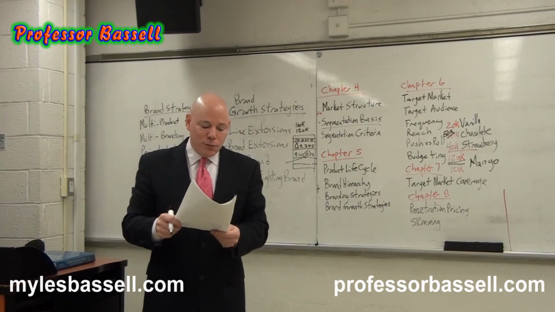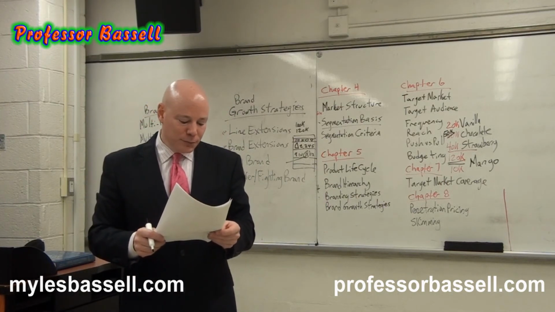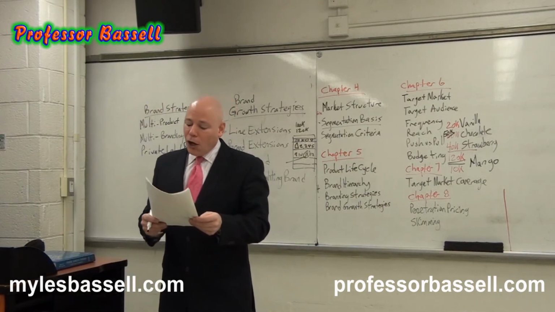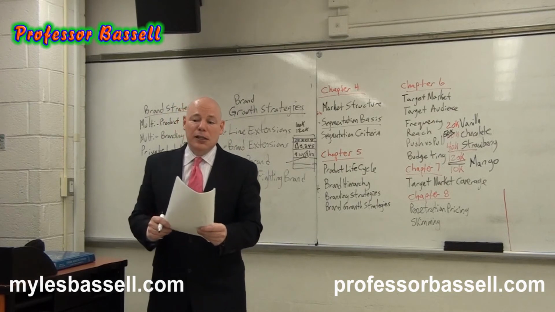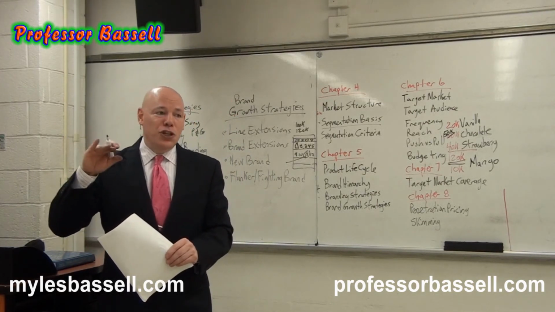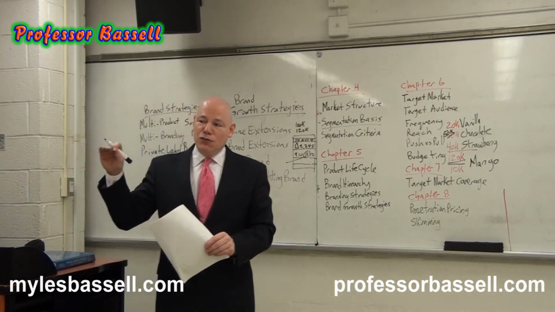And what about the flanker or fighting brand? An example of that is a new brand into an existing product class. So think about Procter & Gamble in the dishwashing detergent category. They have a good, better, best pricing strategy.